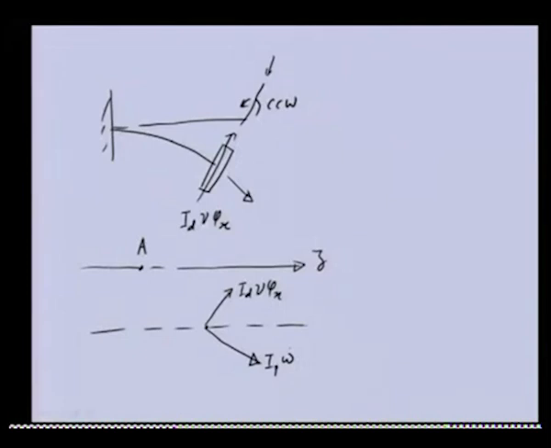So here you can see this is the angular momentum due to the spin, and this is the angular momentum due to the whirling, which has whirling frequency nu.